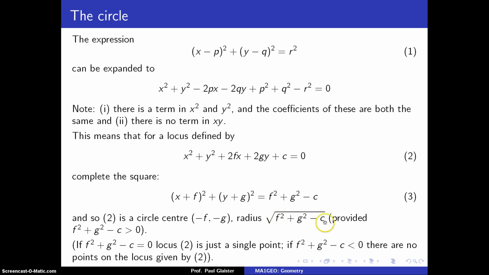If this expression is 0, this is just 0, and there's only one point on the locus, which is the centre of a circle with 0 radius, minus f comma minus g. If this expression here is negative, there is no circle. There are no points on this locus, or this one. There are no values of x and y which satisfy that expression.